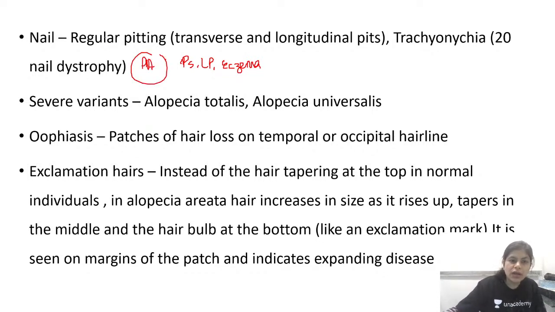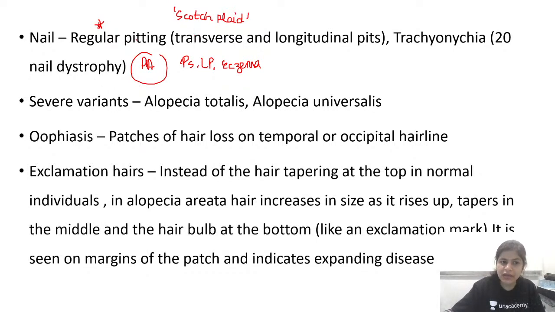So how do you differentiate between the pitting that you see in alopecia areata versus that in psoriasis? This is again a very important question. In patients with alopecia areata, the pitting is regular. It has a typical Scotch plaid pattern, with regular, transverse and longitudinal pits.